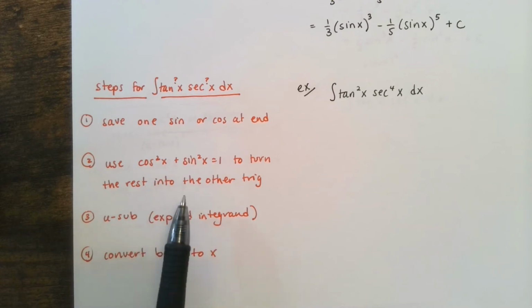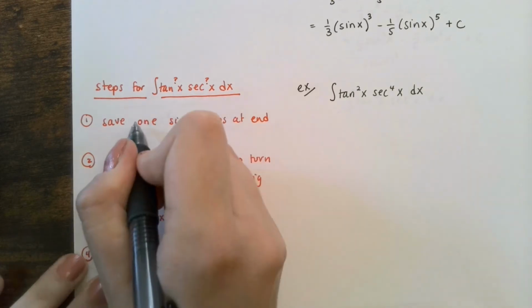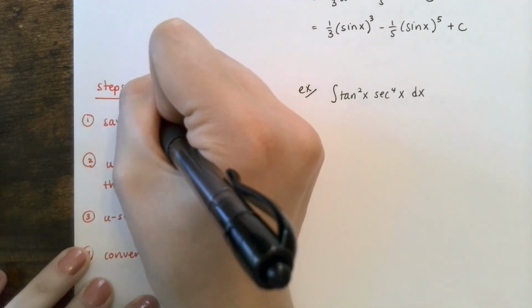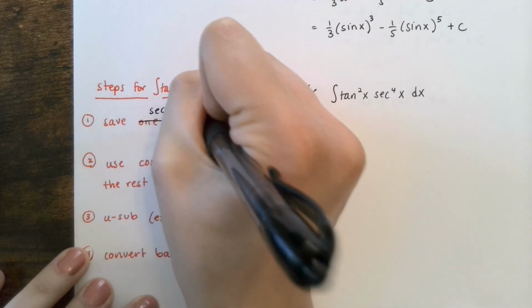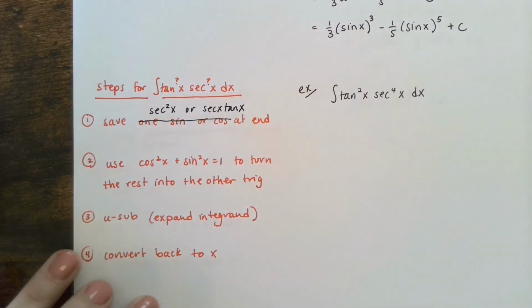Okay, so we want to think, what's tangent's derivative and what's secant's derivative? So we're not going to save a sine or a cosine. We're going to save either a secant squared or a secant tangent. Right, so not just one of them, but you're trying to save something for a du, and now it's going to be a tiny bit messier.